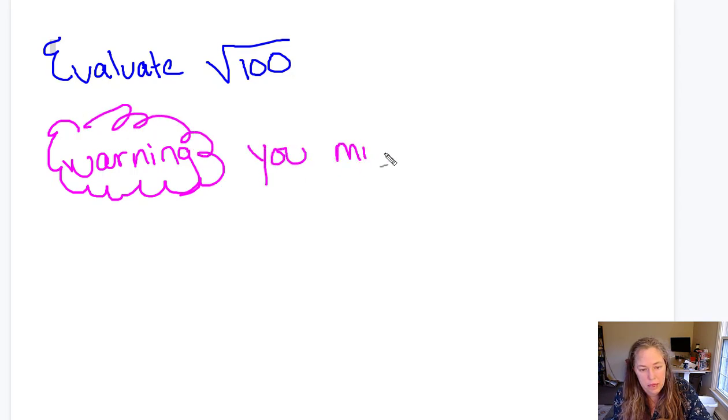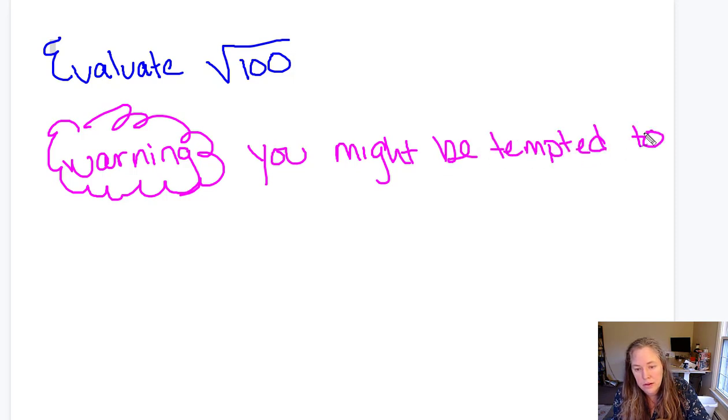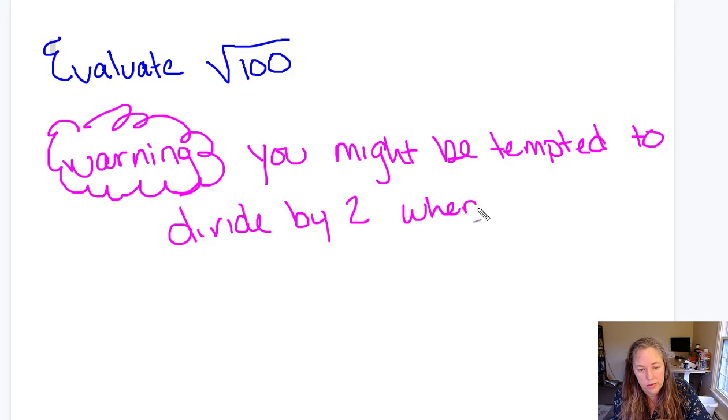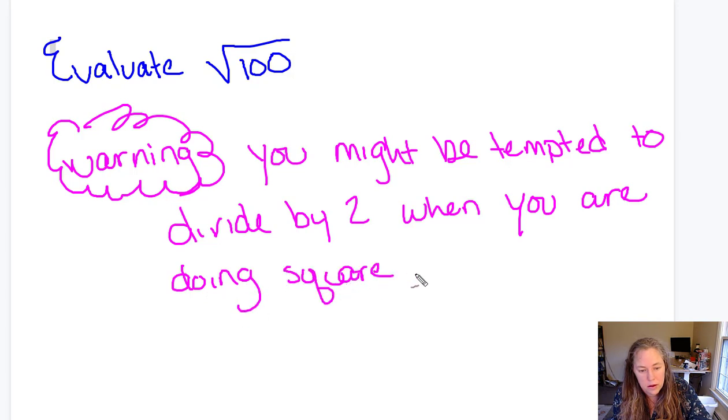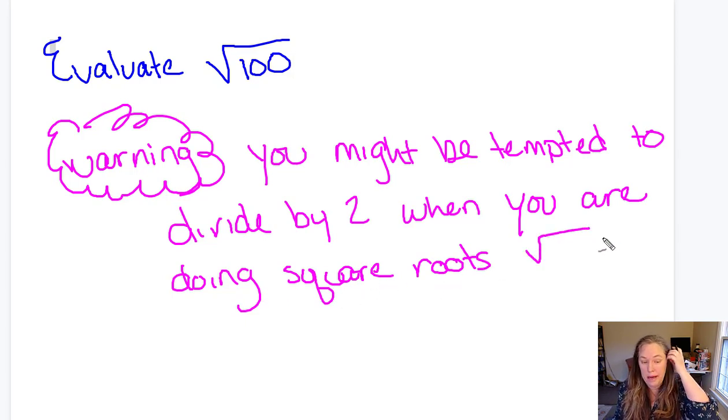You might be tempted to divide by 2 when you're doing square roots. Okay, it's not divide by 2.